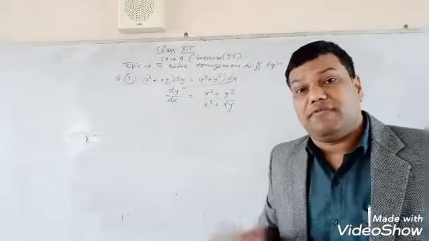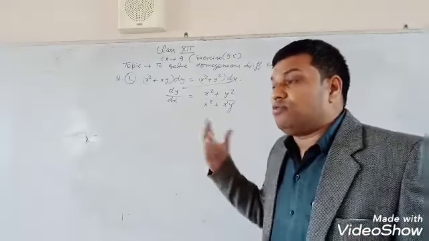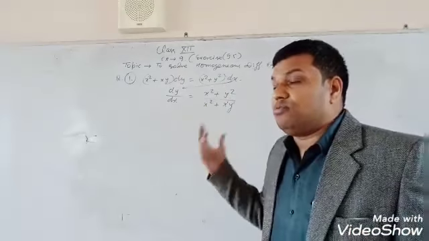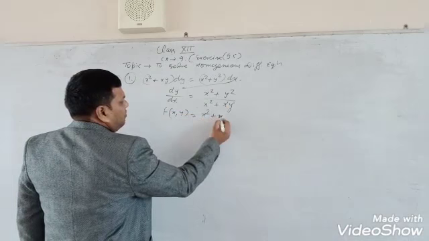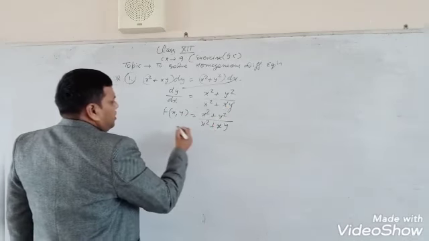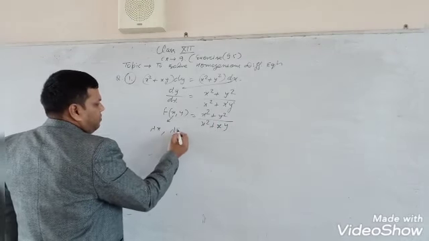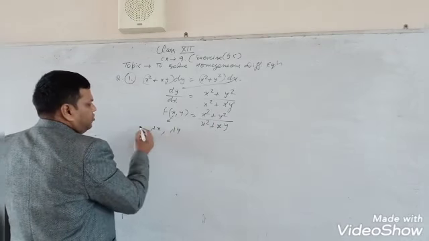But if the question asks how to write or prove that this is a homogeneous equation, then what should we do? You should take it as f(x,y) equals (x square plus y square) upon (x square plus xy). Now replace x by lambda x and y by lambda y. So then what happens there?